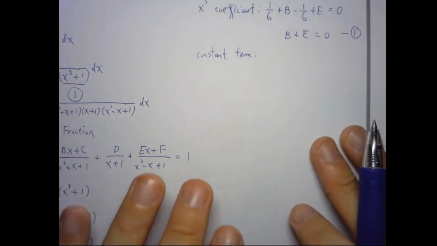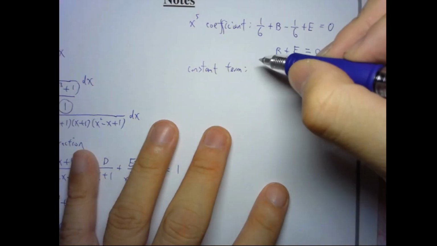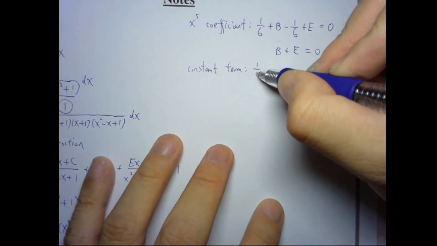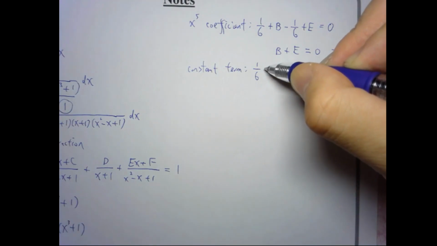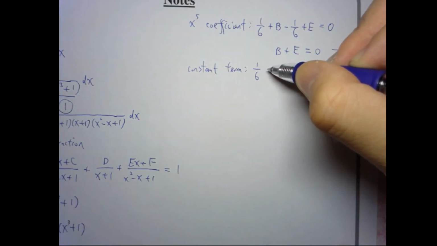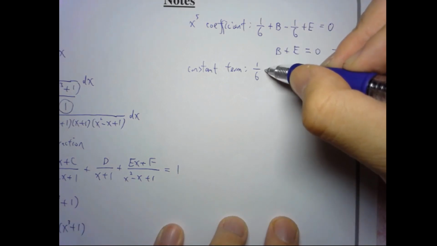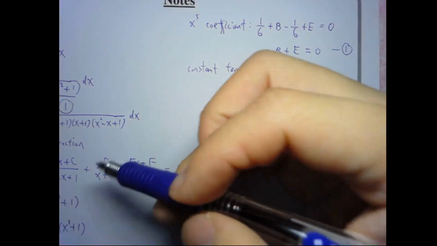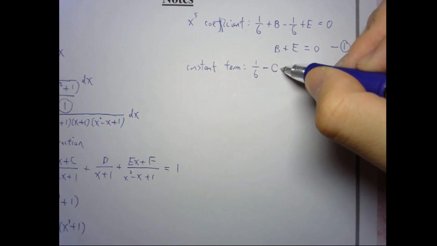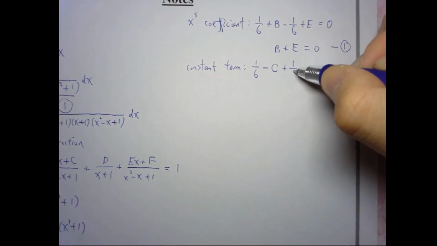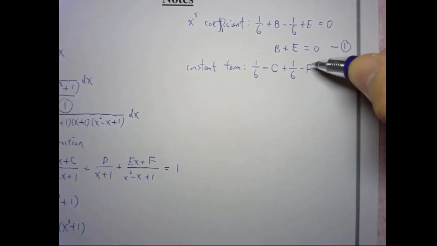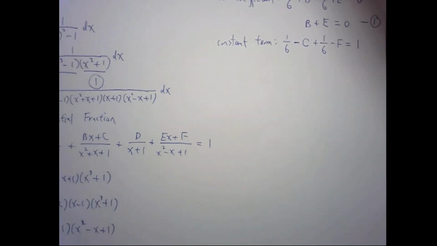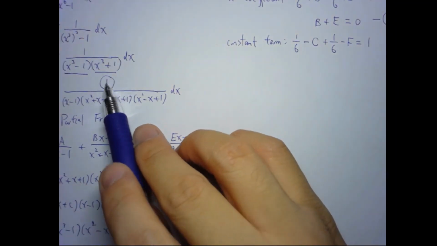So we can write down another equation, which is 1 over 6, because the c I can see is a minus c, and then we have minus d. So we have positive 1 over 6, and then minus f, which equals 1, because the constant term in the numerator is 1.